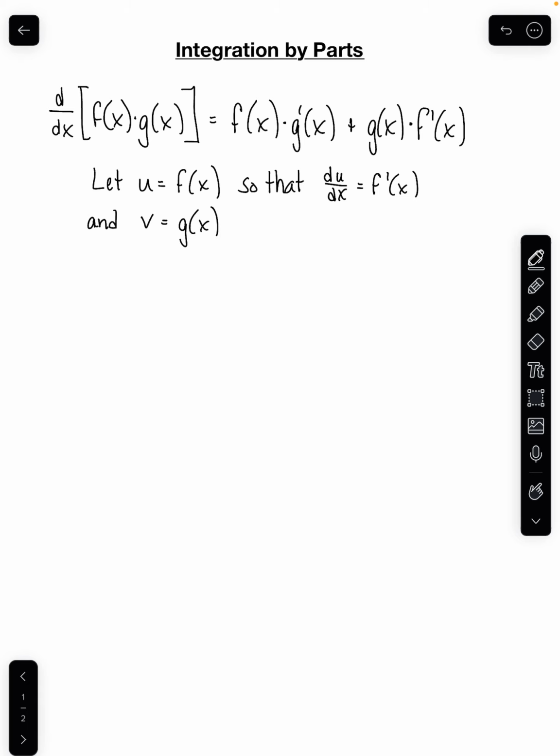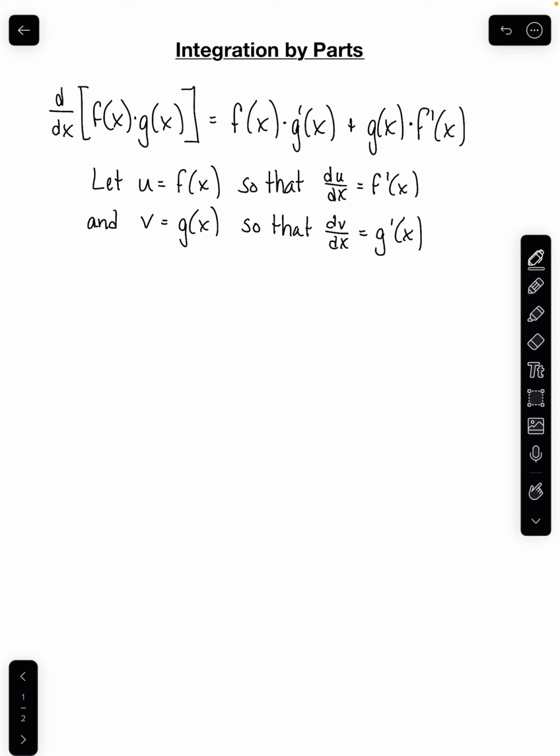So we're going to let u equal f of x and v equal g of x. This change in notation is done partially by convention, but also partially because it will allow us to see how the product rule for differentiation turns into the integration by parts formula.